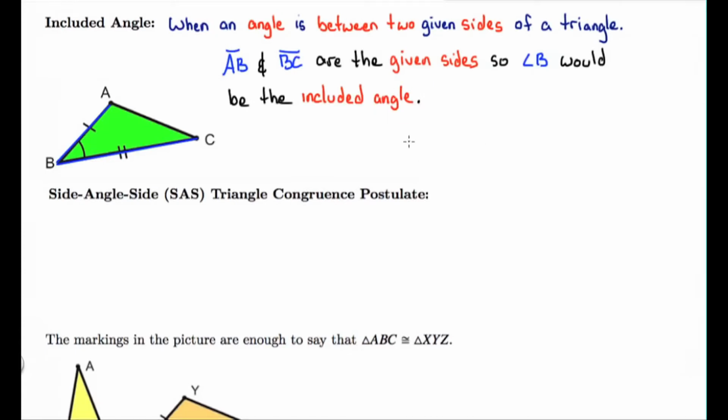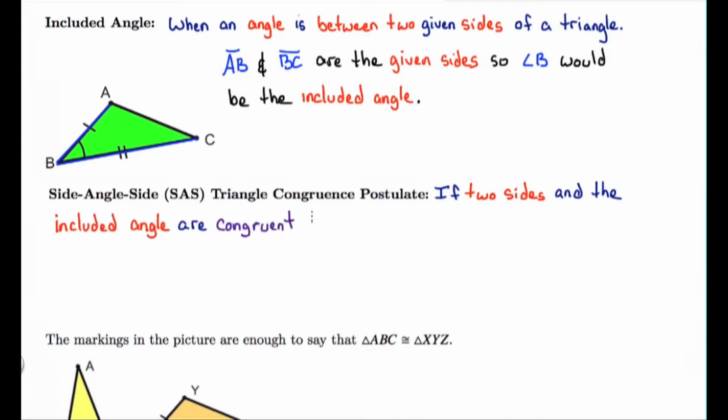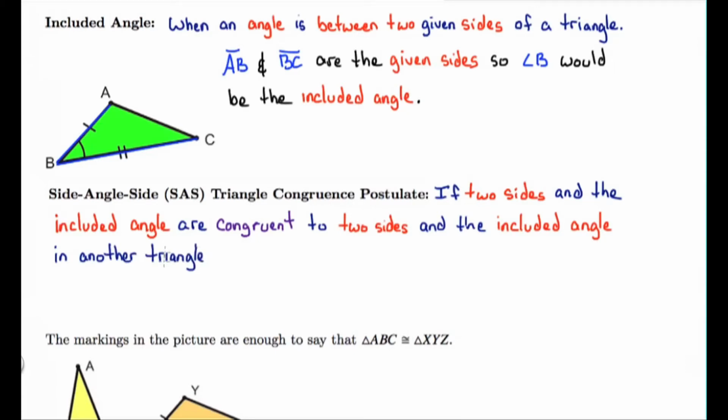And this is important to understand the side, angle, side triangle congruence postulate, which states if two sides and the included angle are congruent to two sides and the included angle in another triangle, then the two triangles are congruent.